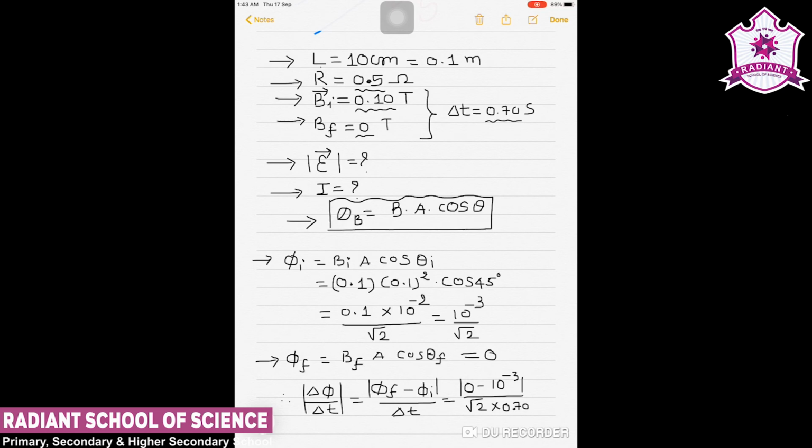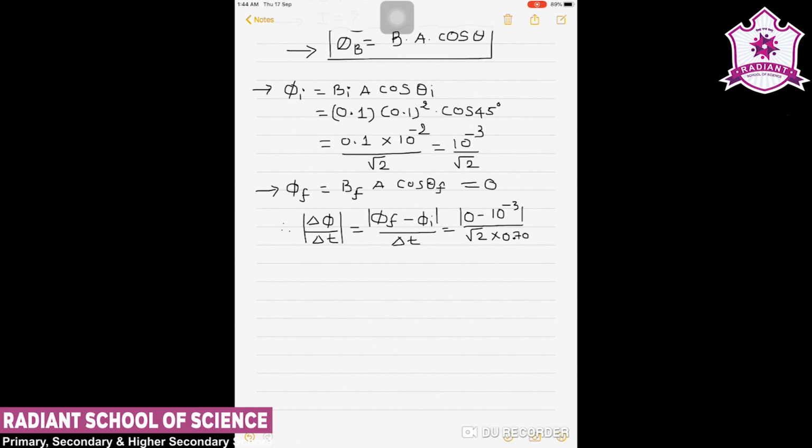This is the equation of EMF. So the EMF is about 1 into 10 raised to minus 3 volt, which can be written as 1 millivolt. So the induced EMF produced here will be 1 millivolt. Now this is the magnitude of the induced EMF.